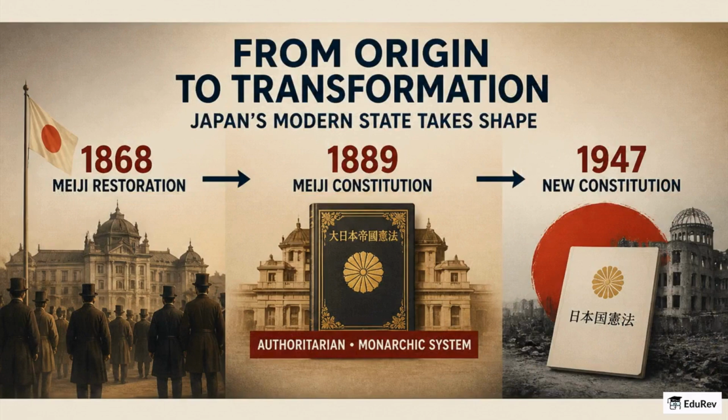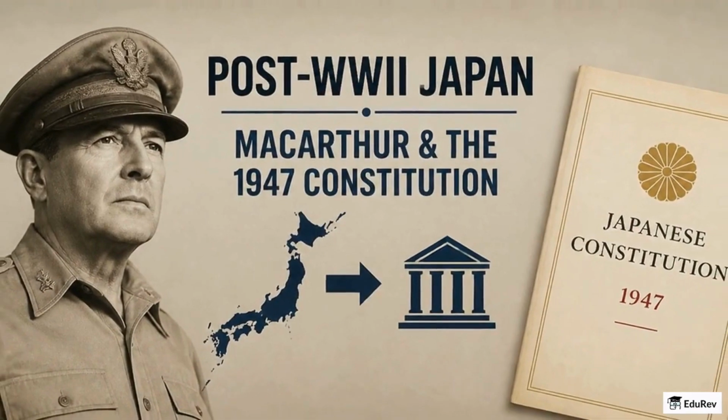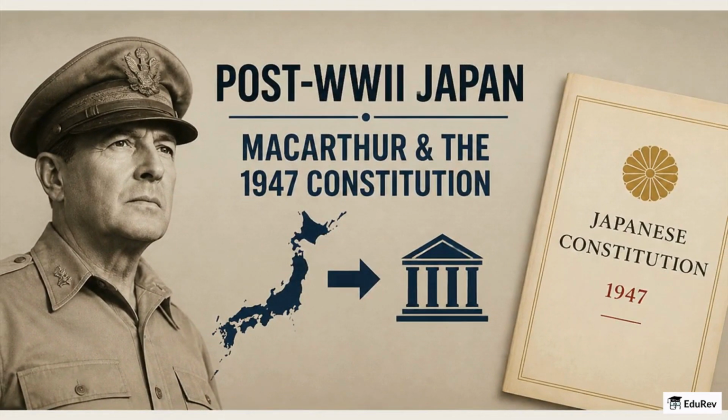The modern Japanese state began to form in 1868 during the Meiji Restoration, and the Meiji Constitution of 1889 created an authoritarian monarchic system until 1947. After World War II, occupation authorities led by MacArthur guided Japan to adopt a democratic constitution in 1946 that came into force in 1947, often called the MacArthur or Showa Constitution.